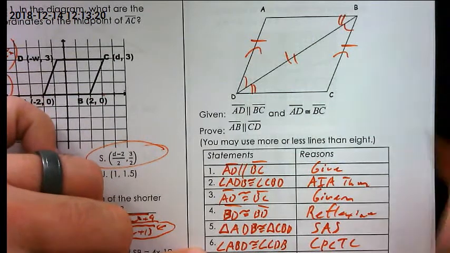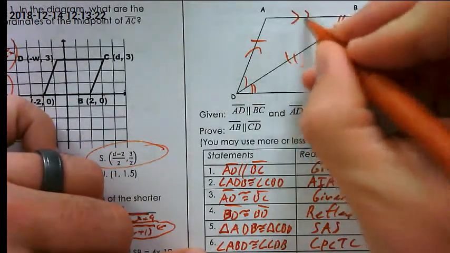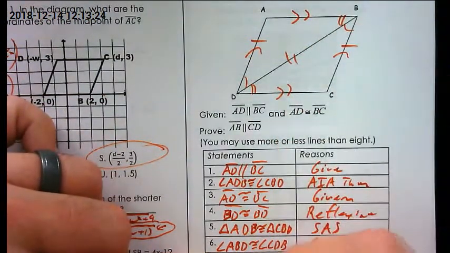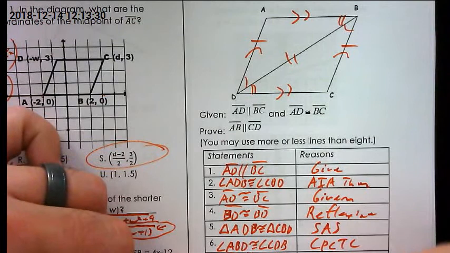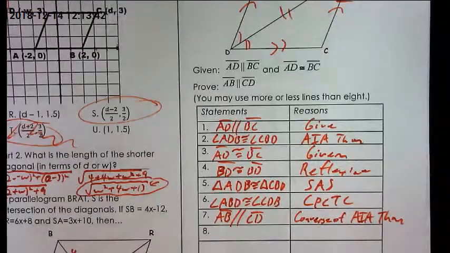And once you know that those angles are congruent, you can then say these sides are parallel. So AB is parallel with CD because of converse of alternate interior angle theorem. And that's it for that.